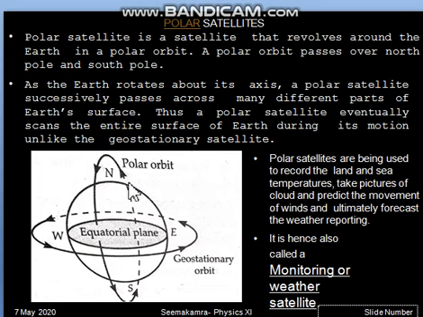So these are the differences between both of the satellites, and because the polar satellite closely inspects the Earth's surface and wind movement, that's why the polar satellite is also called a monitoring or weather satellite. After understanding the idea about the polar satellite, now we can list down the uses of polar satellites.